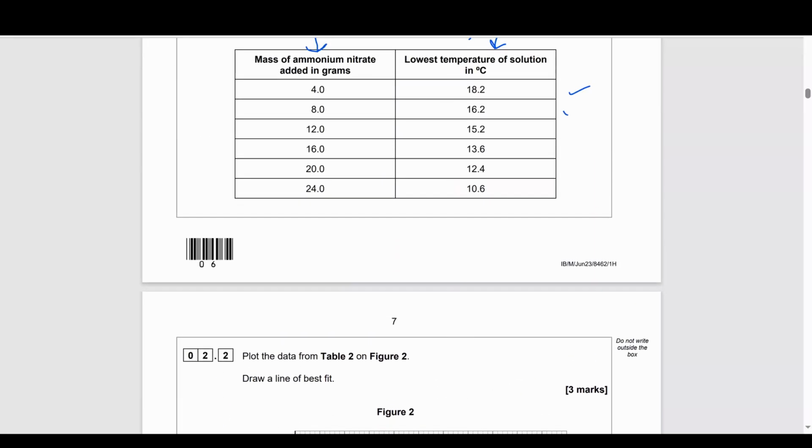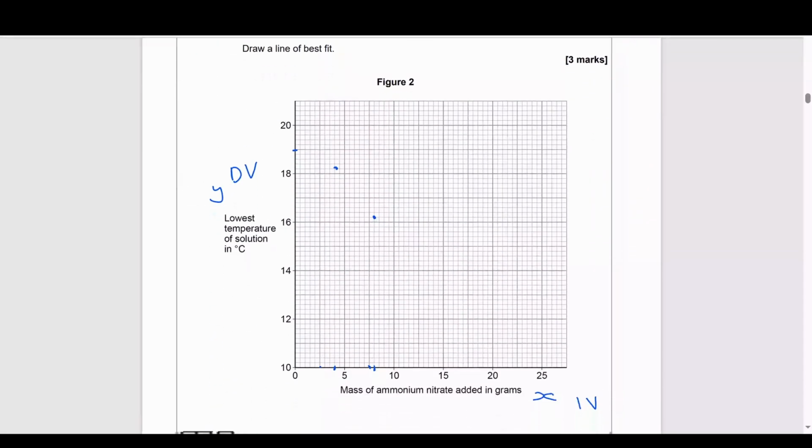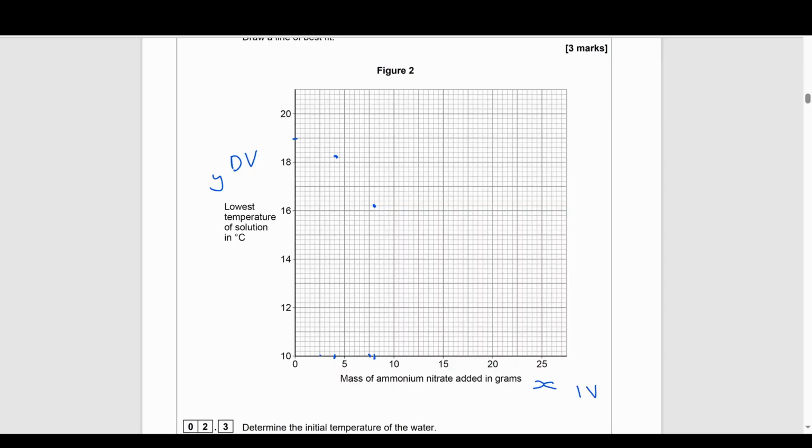So we've done our first two. 12.0 to 15.2. So we need to find 12 now. Midway will be 12.5. So there's our 12. And then we want 15.2 now. That's halfway between 14 and 16, which is 15. So one above would be 15.2. Should be here.